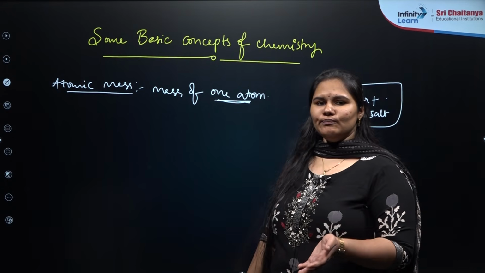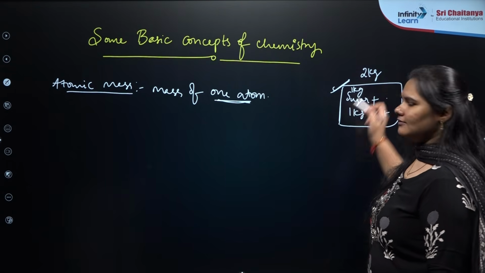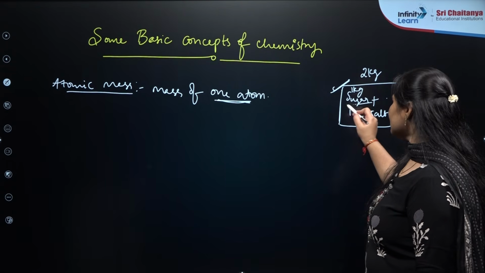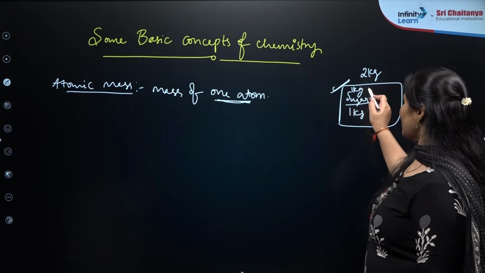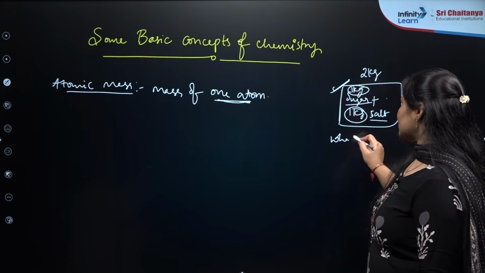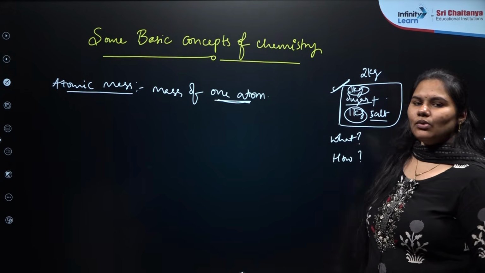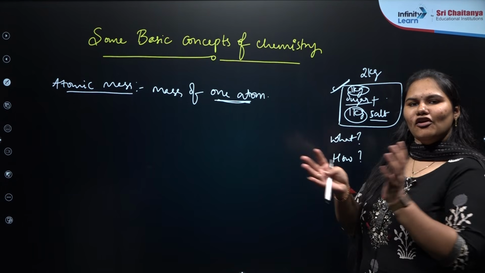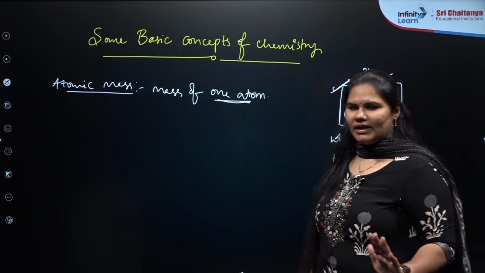If I ask you how much is the mass of this container, you will simply say 2 kgs. How? First you say what is there: sugar and salt. Then we see how much is there. First what, and then how much. Then we add all of those: 1 kg plus 1 kg, we got 2 kgs. It is as simple as that.